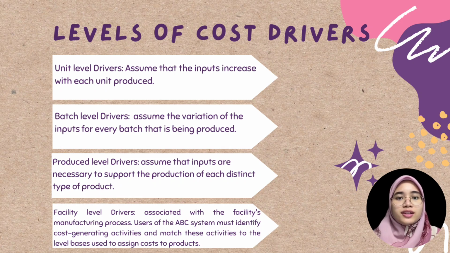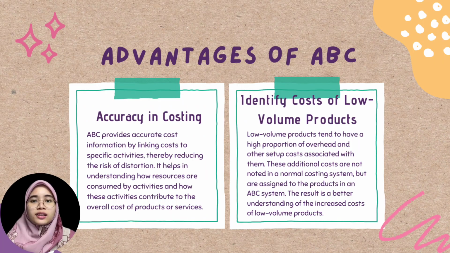And last level is facilities level drivers, costs that are associated with the facilities manufacturing process. Users of the ABC system must identify cost generating activities and match these activities to the level base used to assign cost to products. A few advantages of ABC.